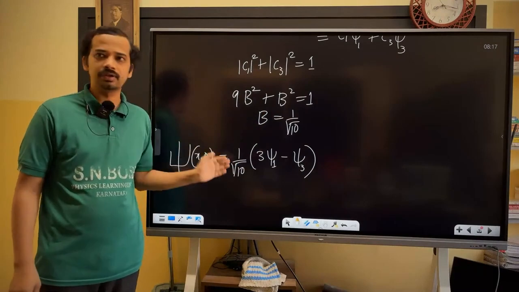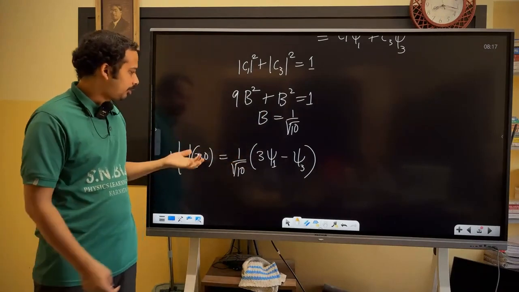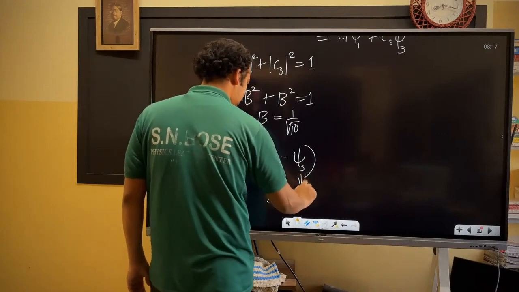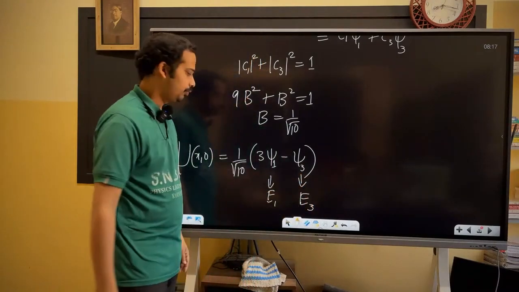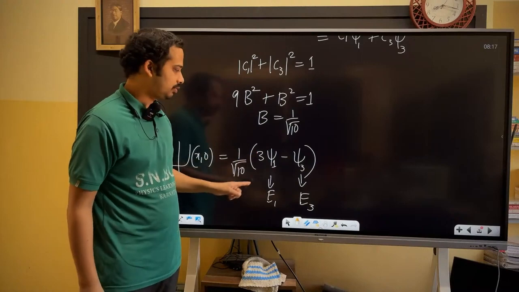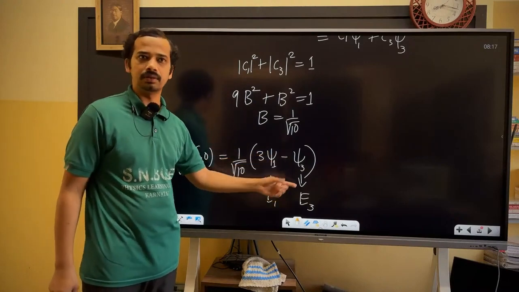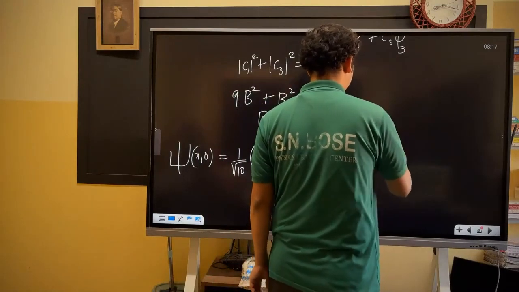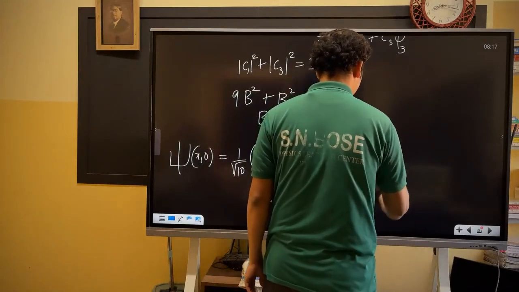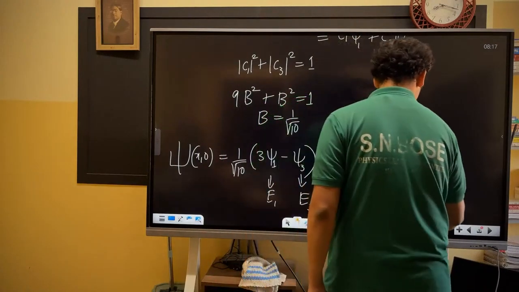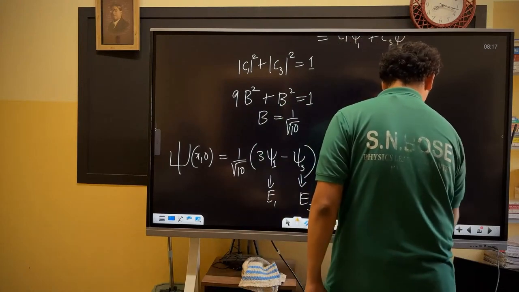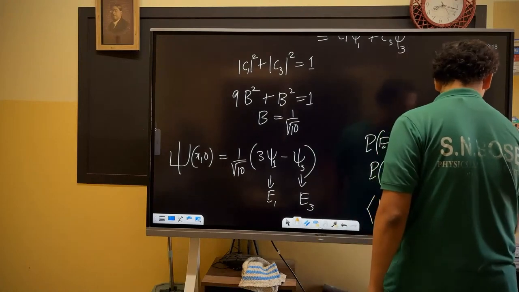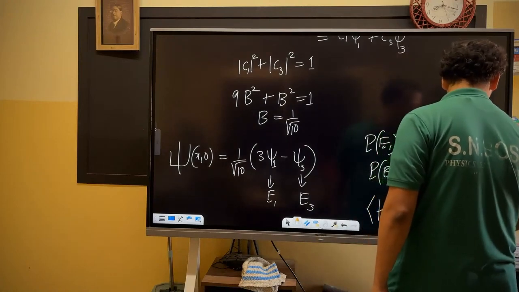Now you are free to do the further part, like the probability of the energy measurement outcome, that is either E1 or E3, with probability 3 by root 10 the square and 1 by root 10 the square. Using that, you find the probability of finding E1, E3, and the average energy, which is mod C1 square E1 plus mod C3 square E3.